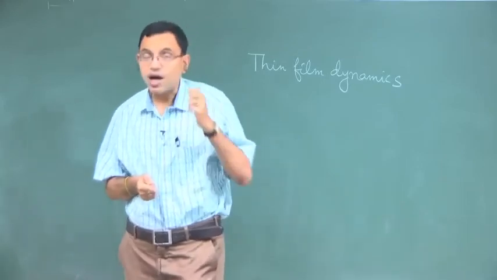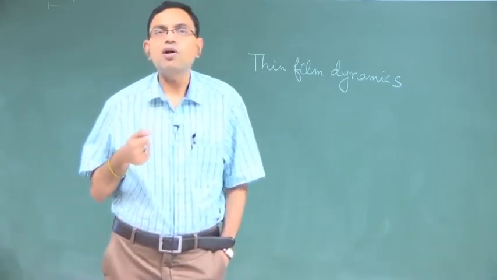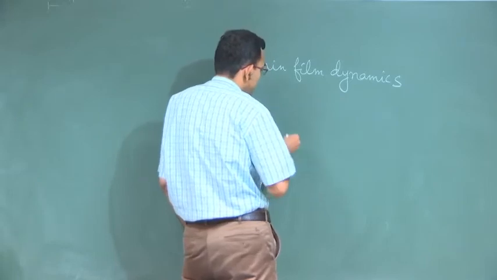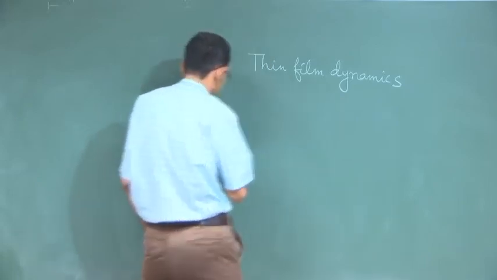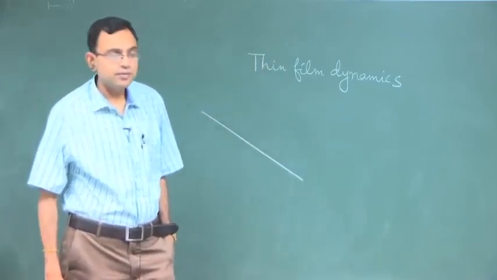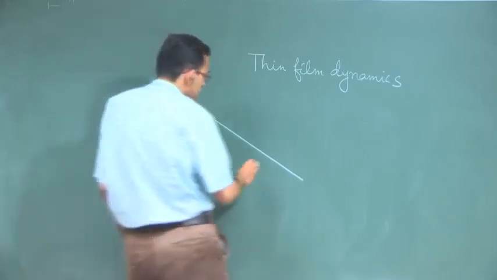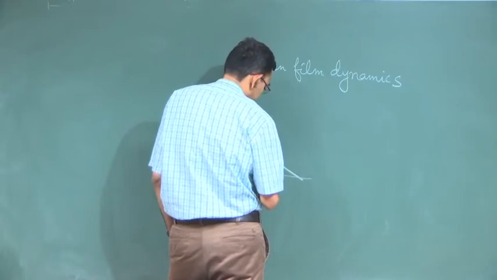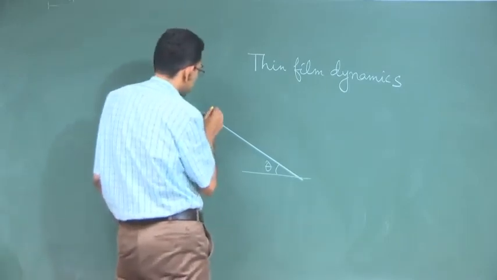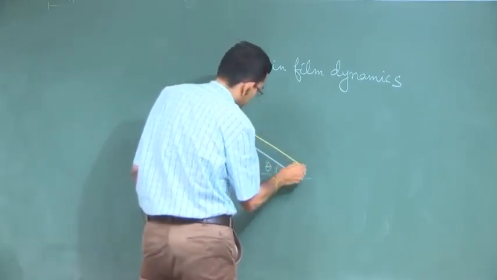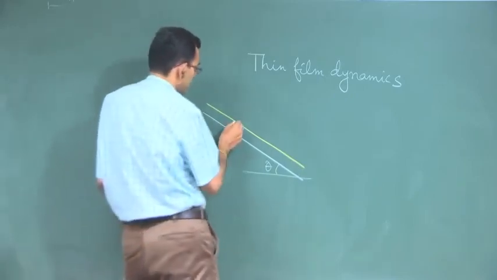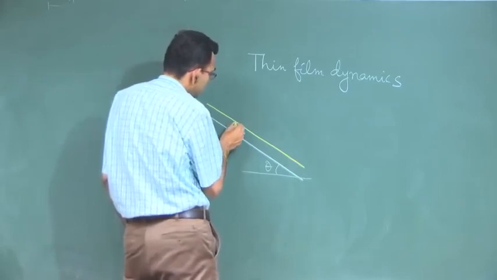Now, we will start with something we have already discussed earlier, a special thin film dynamics problem, where you have an inclined plane with an inclination angle of theta and a thin liquid film of height h.